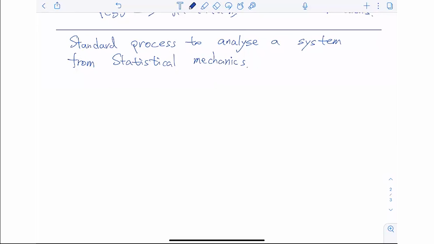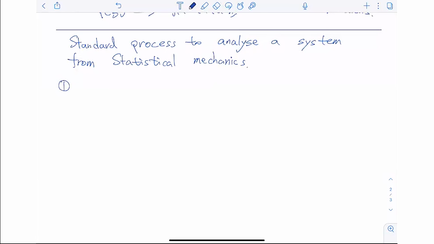At this moment, I'm just going to tell you the procedure without asking too much about the framework of statistical mechanics, because that's what we have discussed before the midterm exam. I'll just write it down, so I hope things can make more sense.